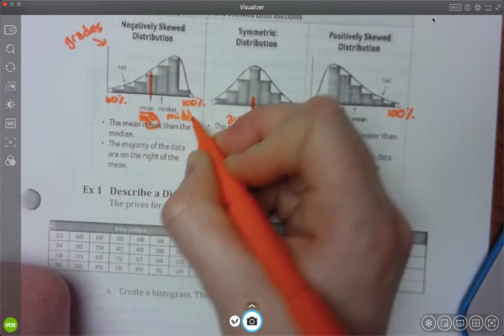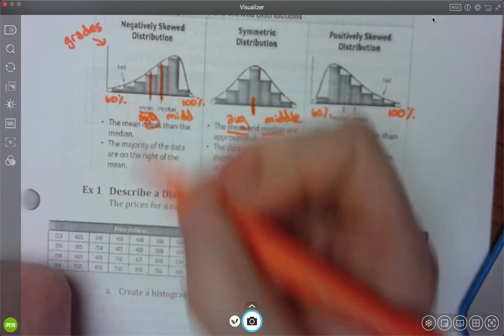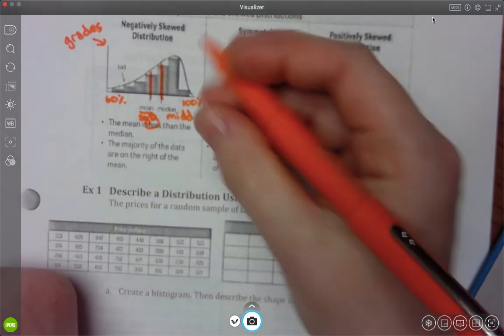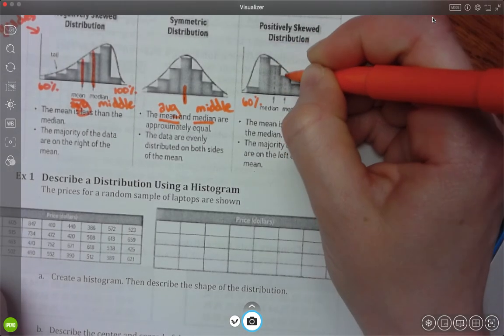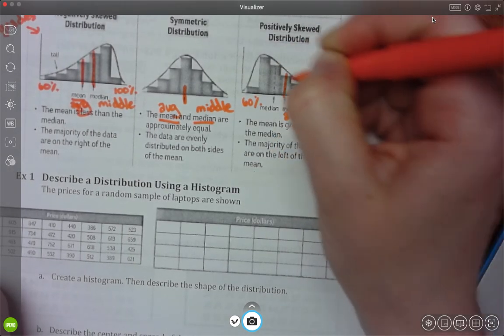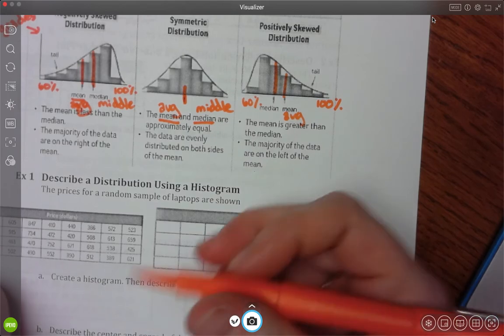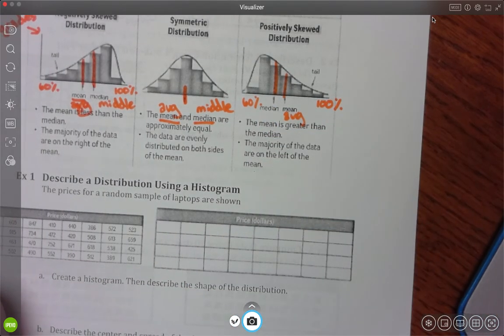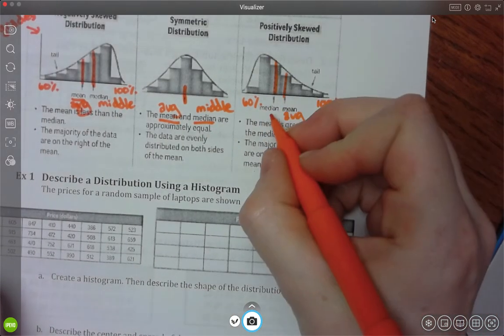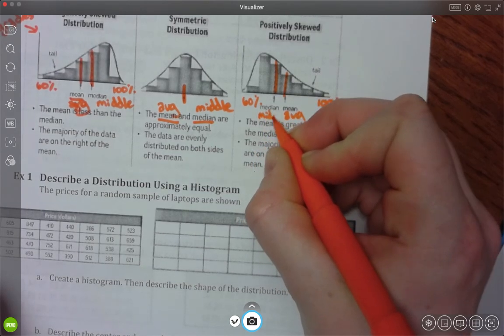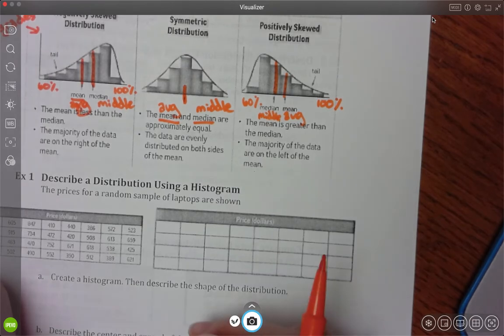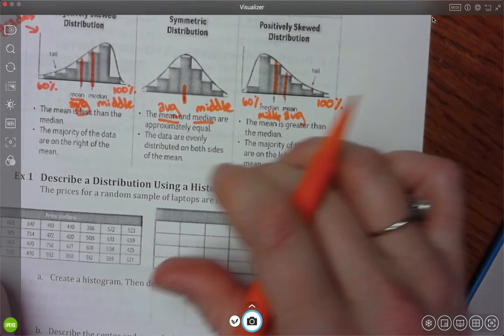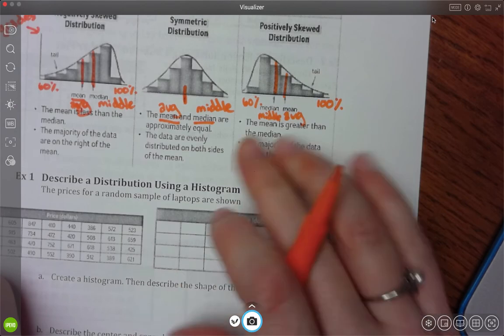The middle is going to be here, but your average is going to be a little bit lower than that. And it's going to be the opposite for positively skewed, so your average here will be higher than your middle number. We'll see an example of that moving on. That's just the way this data is going to work: positively skewed, negatively skewed, and symmetric distribution.